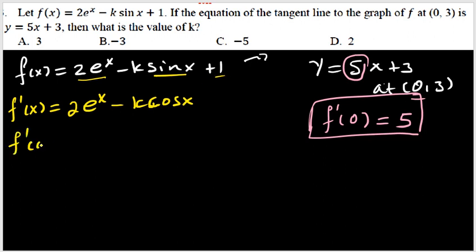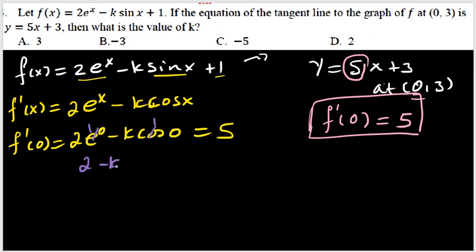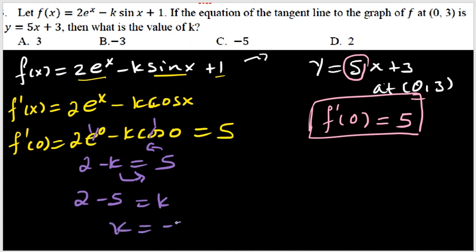Now the derivative at 0 means I will insert 0 in place of x everywhere: 2e to the power of 0 minus k times cosine 0, which must be equal to 5. We said it before, this is 1, also this is 1. So what remains? 2 minus k is equal to 5. Let's take the k to the other side. So 2 minus 5 is equal to k. So k should be negative 3. That is B.